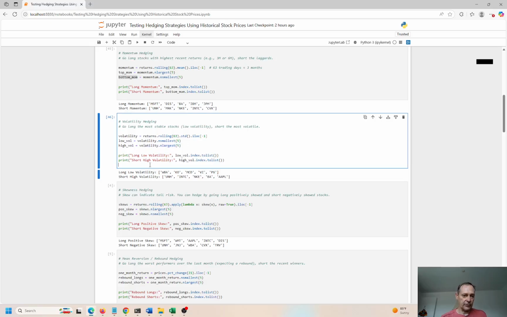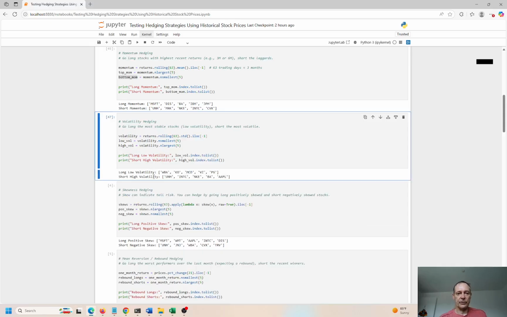And then we can print the results right there. So if the strategy is going to be based on volatility, this is low, we go long, and it's just short volatility. So we go high, right? We want the portfolio to be a little bit more conservative. We're looking for a low volatility strategy. So we're going long these stocks and shorting the stocks that have a lot of volatility.